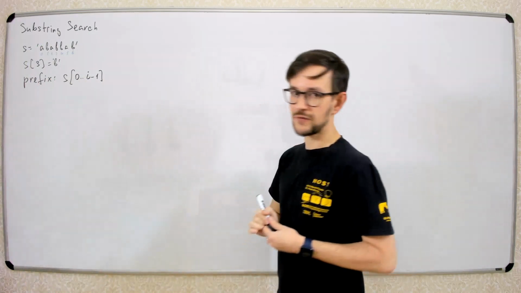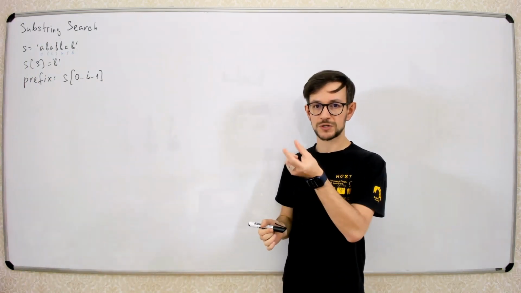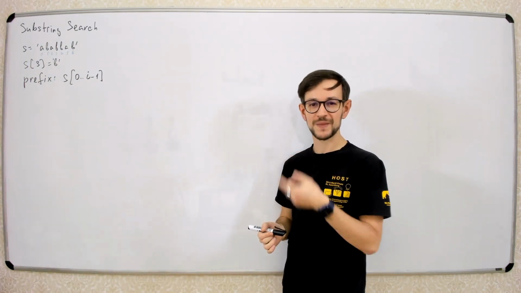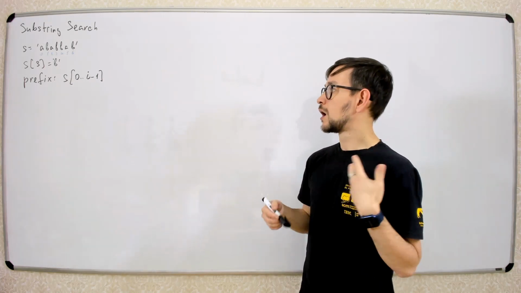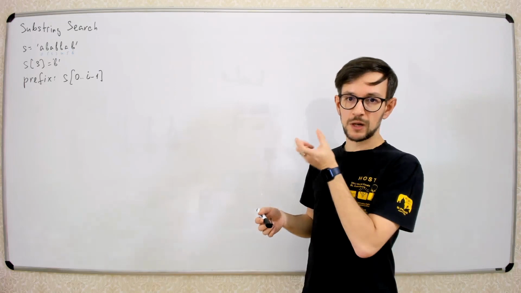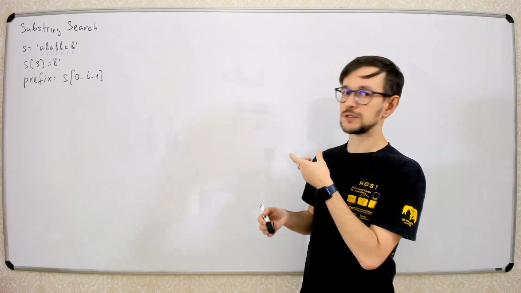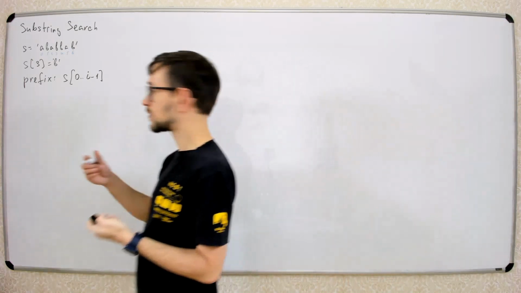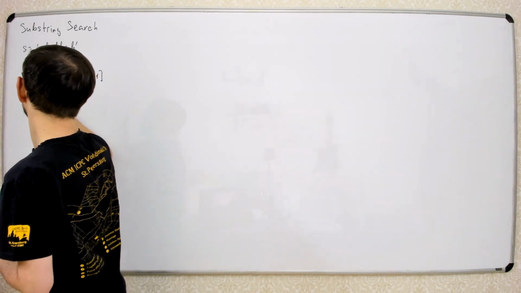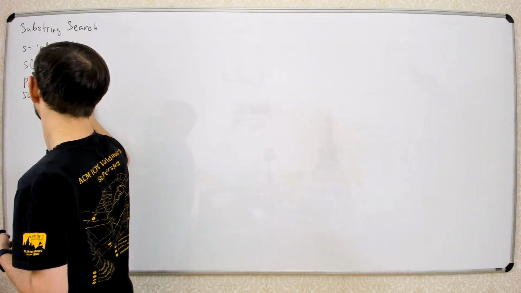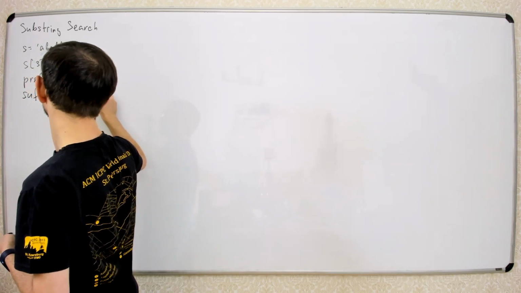If you take the first I letters of the string, you will have a prefix of size I. In a similar way, if you take some last letters of your string, you will have some suffix of the string, from I to n minus 1.